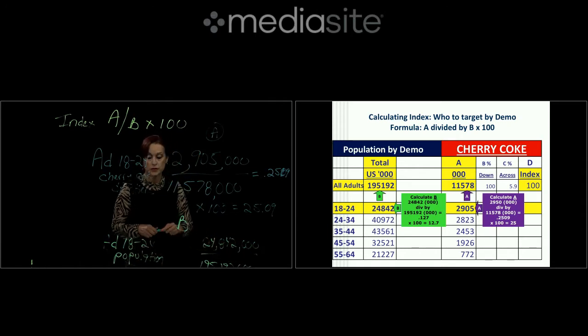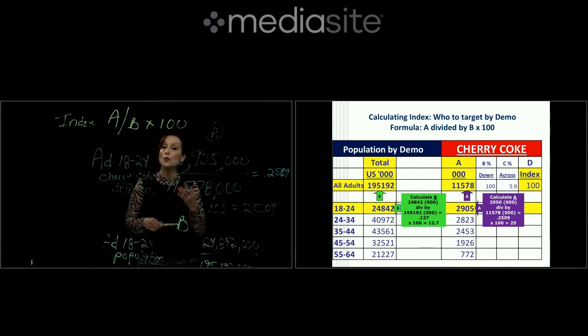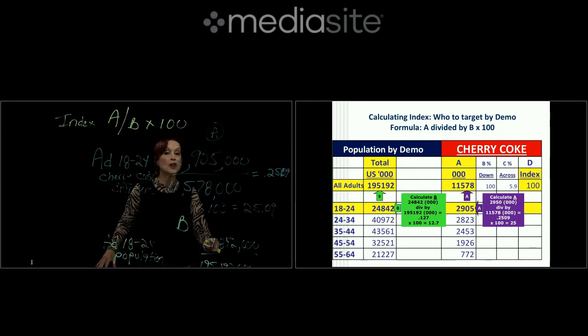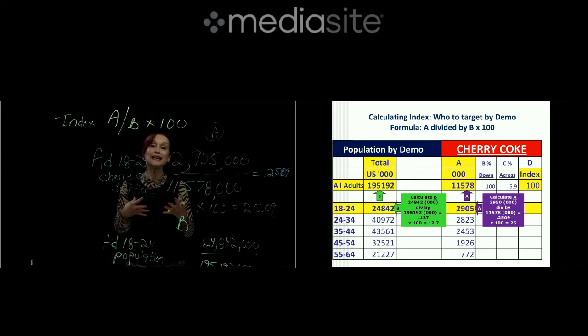Now we're going to do a division. So remember, this is population that may or may not drink cherry Coke. Now to calculate B, or the percentage of adults 18 to 24 within the total population, or all adults in this example, is dividing 24,842,000, or total adults 18 to 24 in the general population, divided by 195,192,000 total adults in the general population.